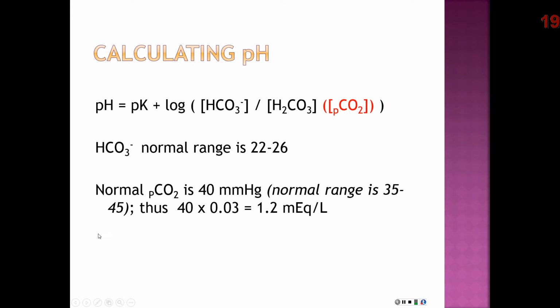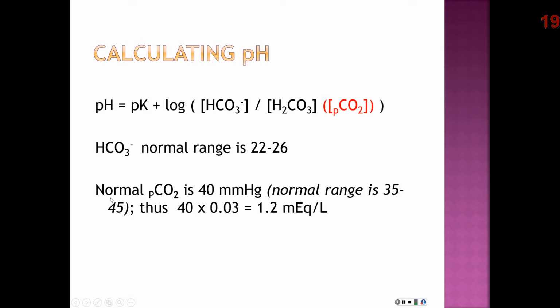Let's keep looking here. So let's work our way through a couple things. It's important to also know normal ranges. We're going to use those normal ranges going forward, and especially with arterial blood gases. You don't need the normal to calculate pH, but I want you to be aware of them. Normally, if we were to measure the amount of bicarbonate within the blood, its range would be about 22 to 26.